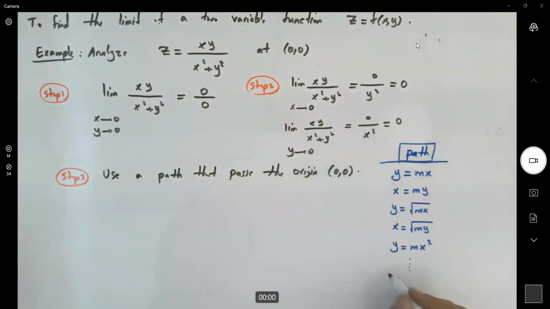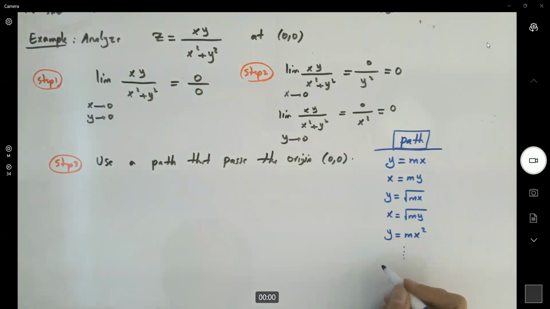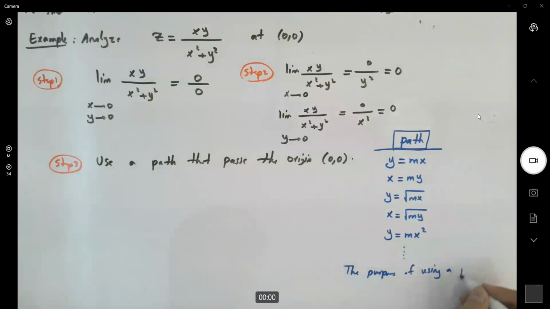So the purpose, let me write it here, of using a path is to eliminate one of the variables.